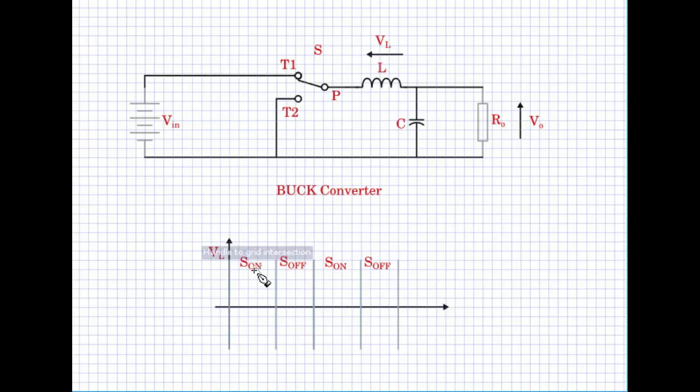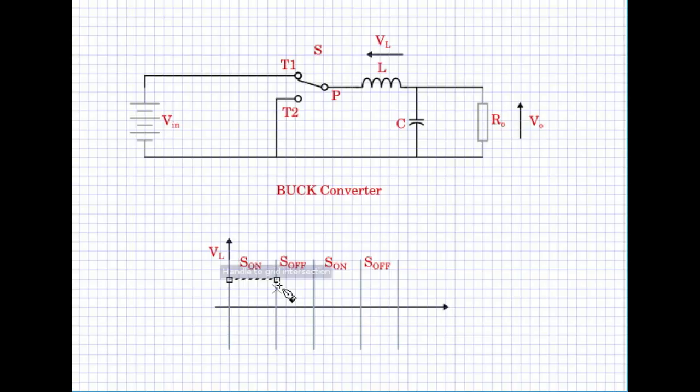When the switch is on, the pole is connected to T1, and the voltage at the pole here is V in. The voltage on this side of the inductor is V naught, and therefore at that instant the voltage across the inductor is V in minus V naught. So that will be the voltage that you would see at this point.